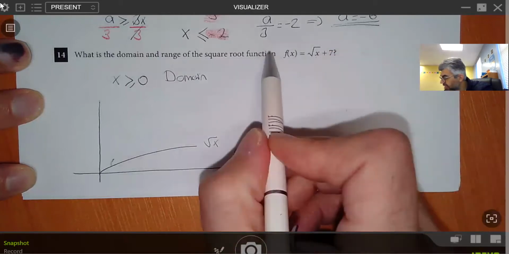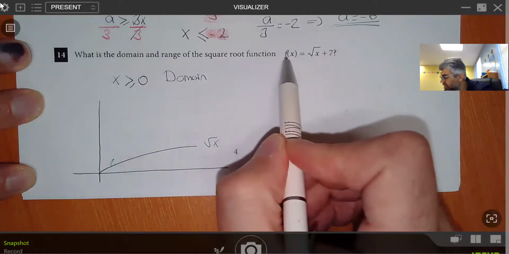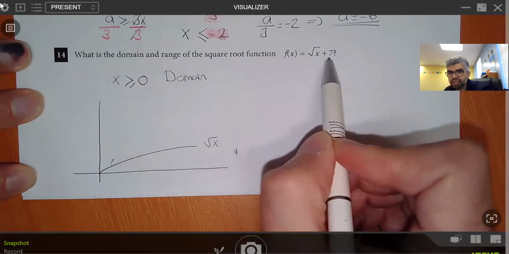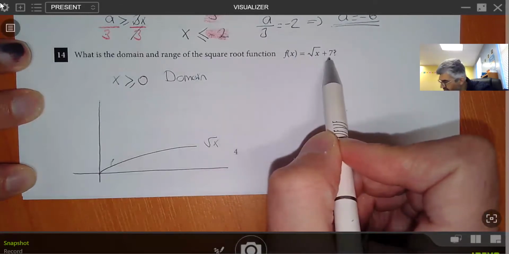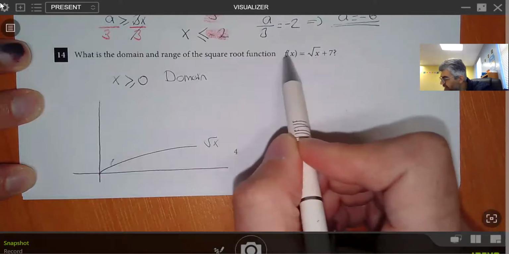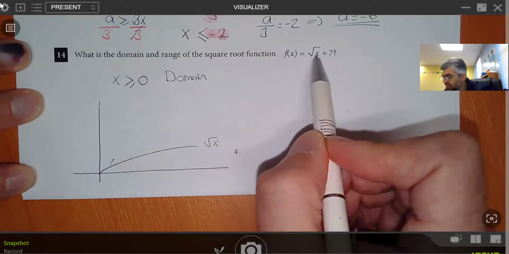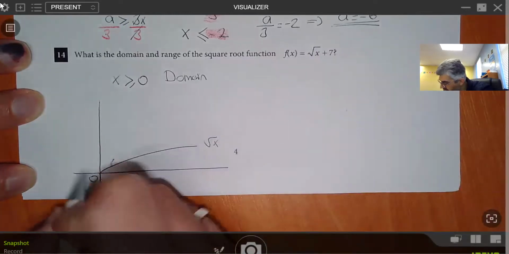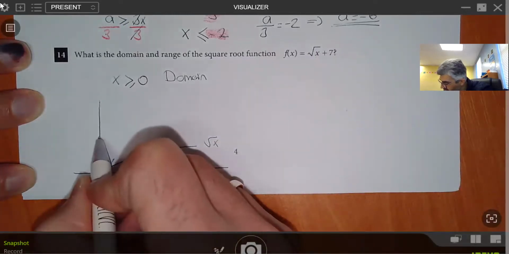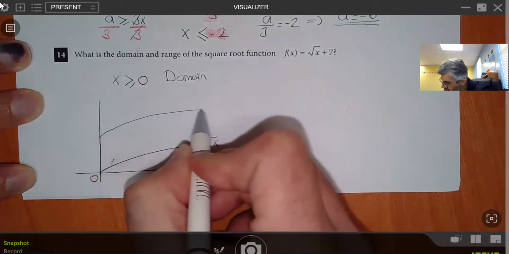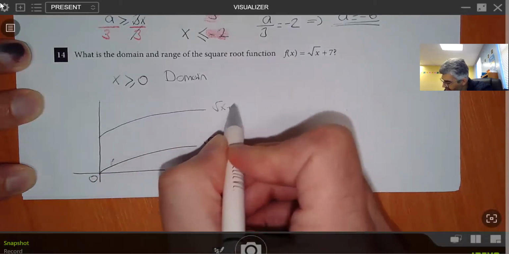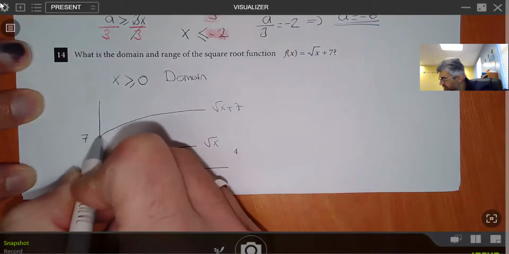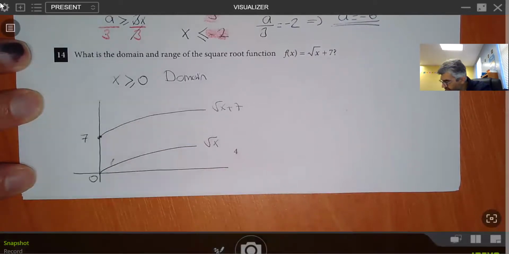So the f of x value is changing by 7 units, which means the y value is going up 7 units, which means this graph will start from the point 7. And this gives us the range.